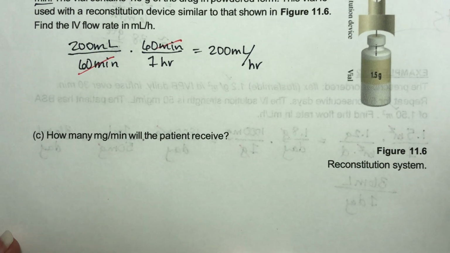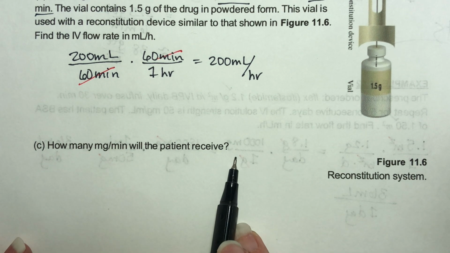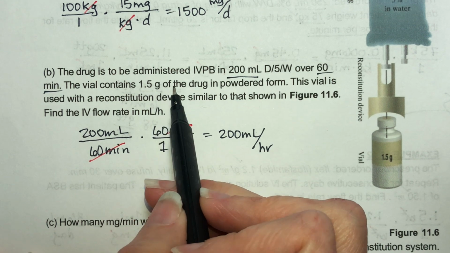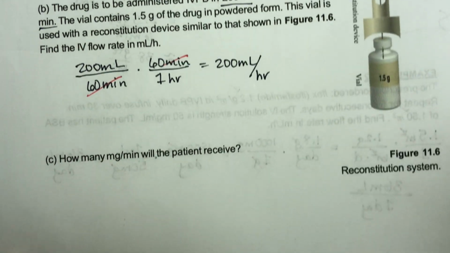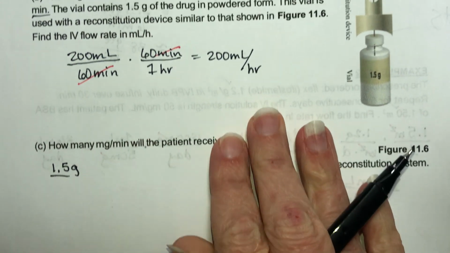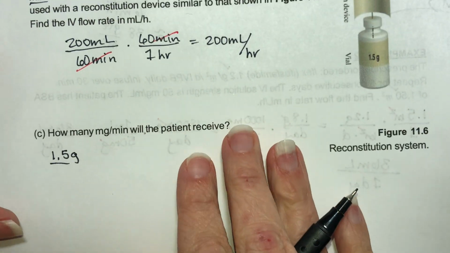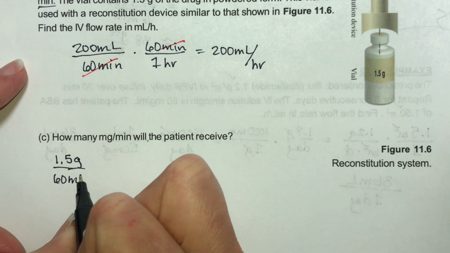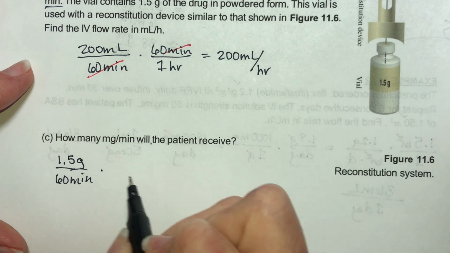Okay, so part C. How many milligrams per minute will the patient receive? Okay, well, the patient is getting 1.5 grams over 60 minutes. We want milligrams per minute, so I need to change grams into milligrams.